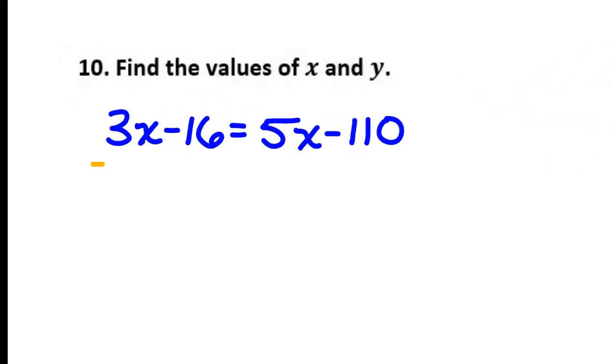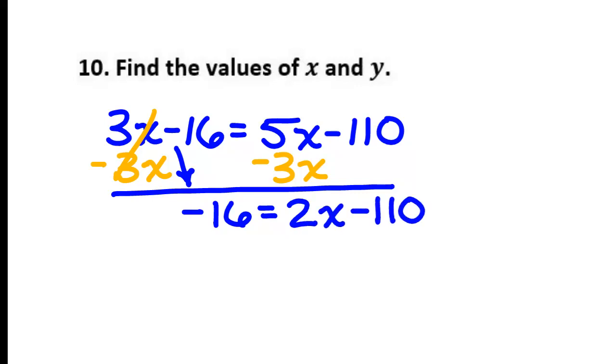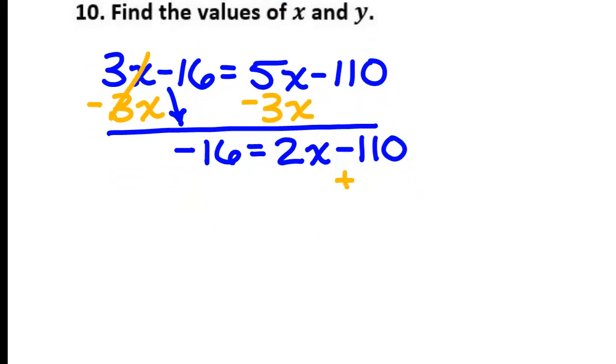So I'm going to minus 3x from both sides. Bring down this negative 16. Don't forget your negative sign there. Negative 16 equals 2x minus 110.